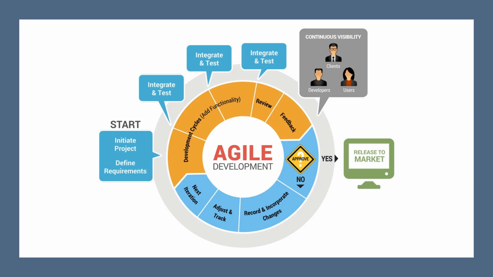Agile testing is one of the most important components of the software development process. In conventional software development methodology, testing is generally done after the development stage of the software is finished.